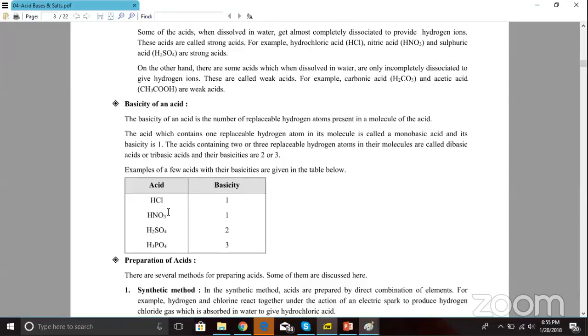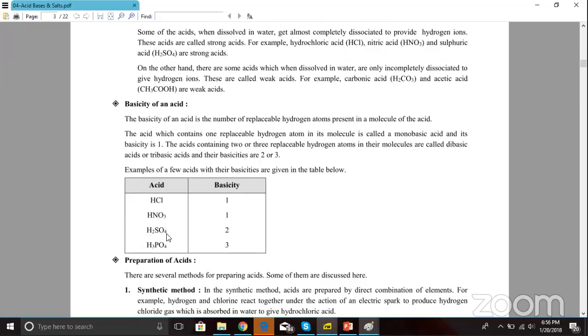Example, HCl. HCl contains only one hydrogen atom, so it contains only one replaceable H plus ion. So the basicity is 1. HNO3, nitric acid. In nitric acid, it also has only one replaceable hydrogen atom, so the basicity is 1.